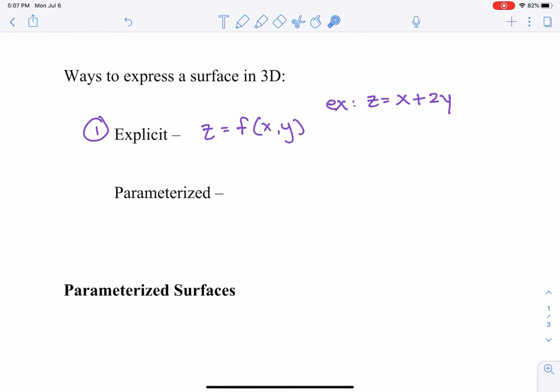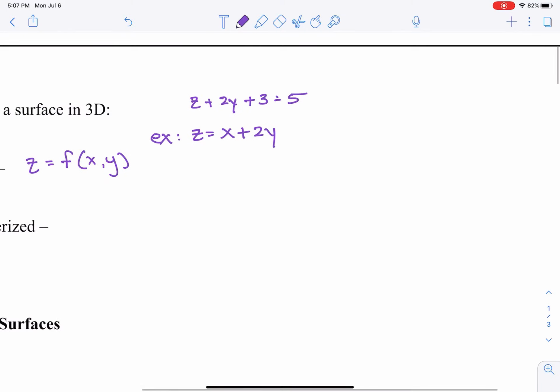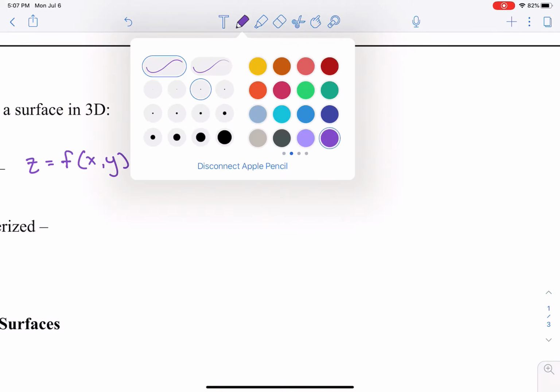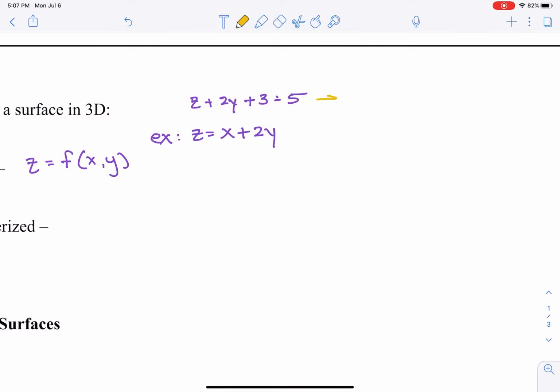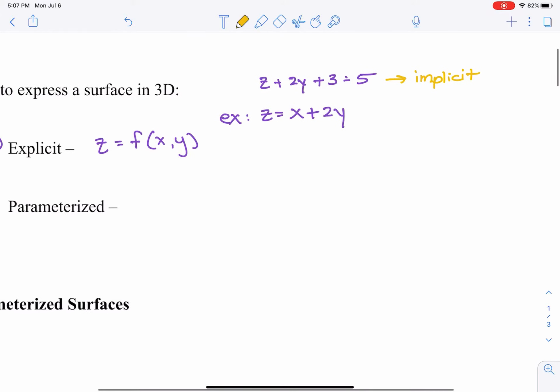Now, an implicit surface might look like z plus 2y plus 3 equals 5. This is an example of an implicit surface. And they're related because you could easily solve this for z equals and get it into the explicit form. So there are two sides of the same coin in that sense.